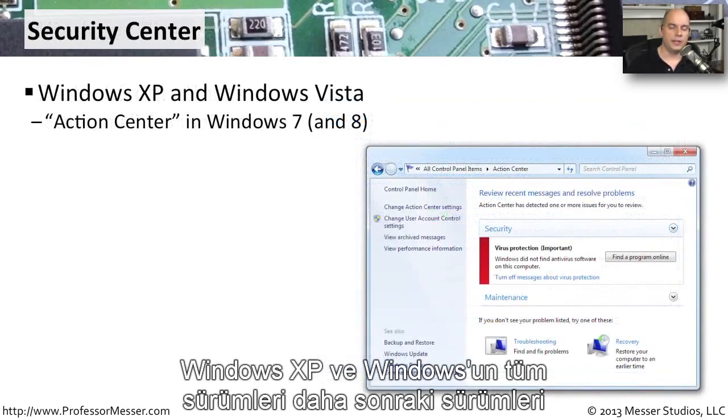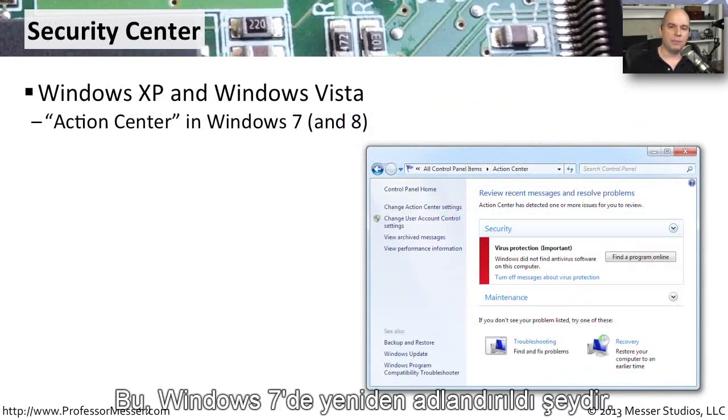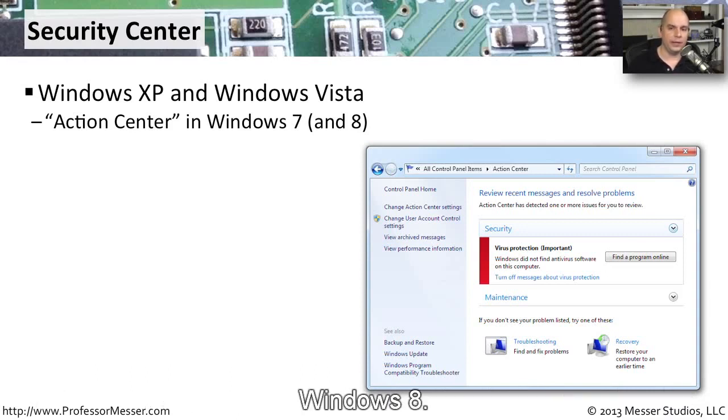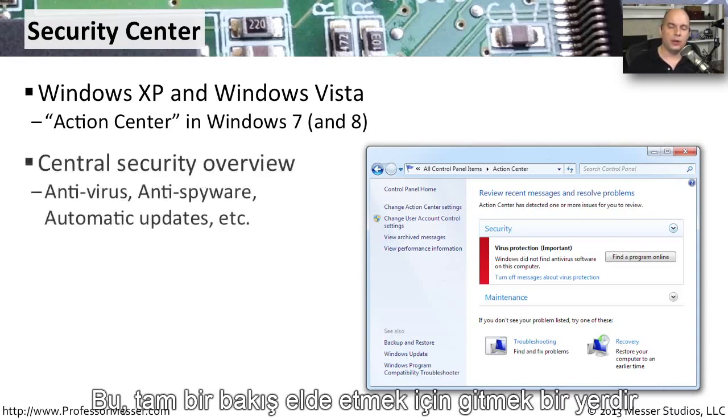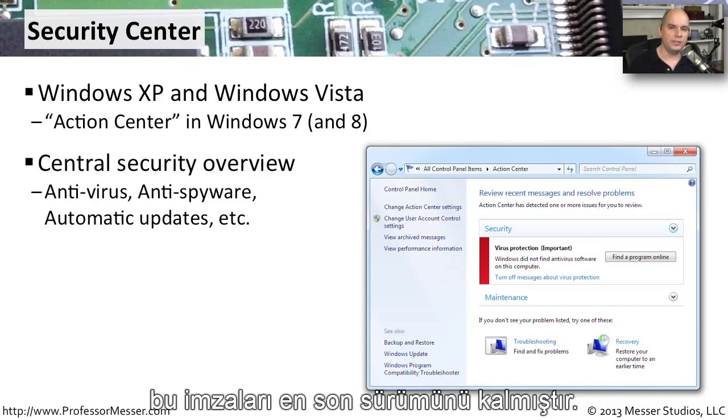Later versions of Windows XP and all versions of Windows Vista have a function inside the control panel called the Security Center. This is something that has been renamed in Windows 7. You'll see it referred to as the Action Center in Windows 7 and in Windows 8. This is a place you would go to get a complete overview of the security of your device. So you can see if the antivirus is installed and if it is up to the latest version of signatures.